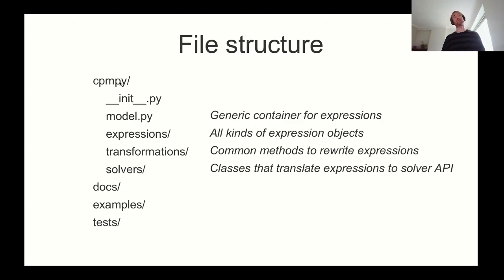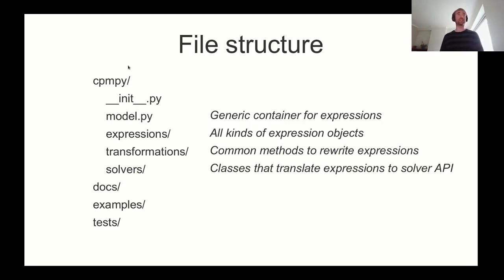The CPMpy Python library, of course, has an init file as is required by Python. It has the model.py file, which contains this generic model container. And then it has these three folders, everything related to expressions, to transformations, and to solvers. Okay, and that's it. Of course, we also have documentation, examples, and tests.